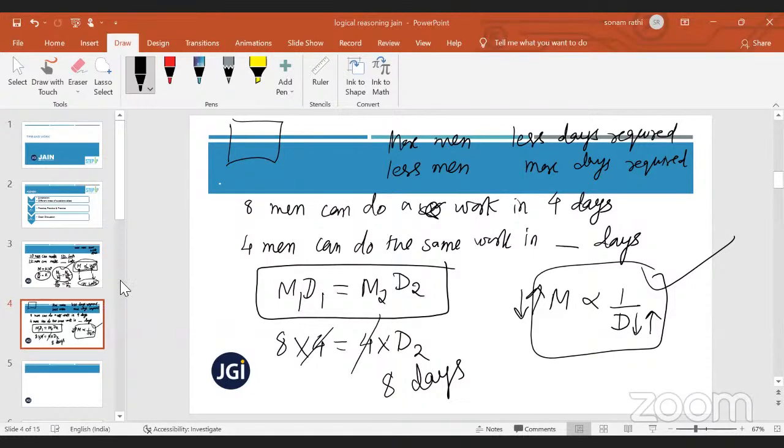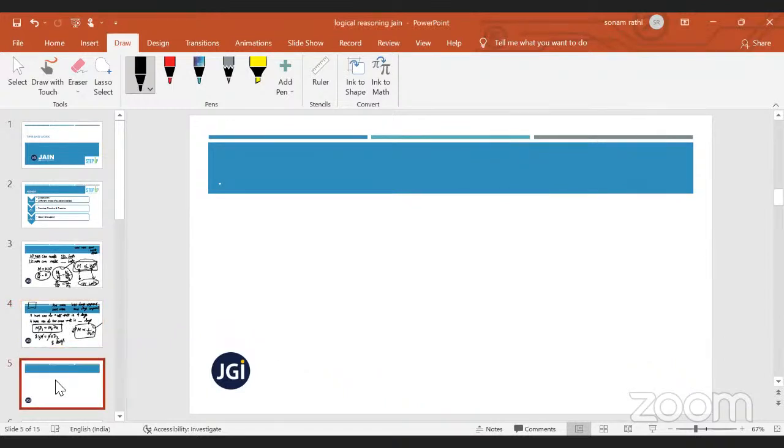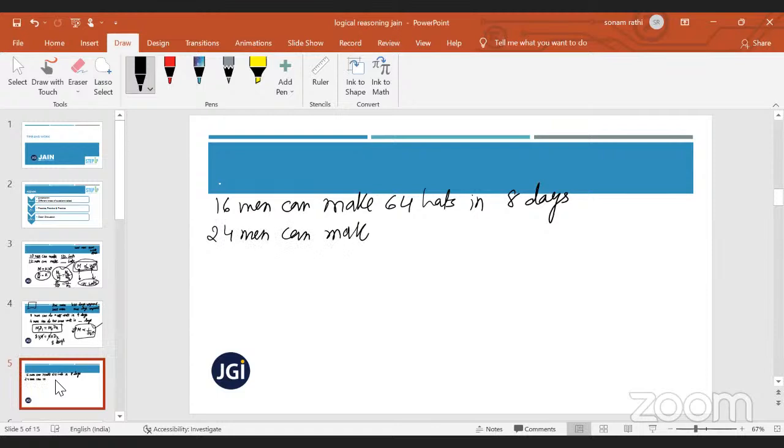Okay. Next question. If I say 16 men can make 64 hats in 8 days, so 24 men can make 96 hats in how many days?